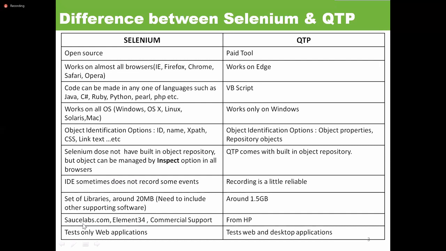But in the case of QTP, it supports web-based applications and Windows-based applications. So Selenium is used to automate only web-based applications. We cannot automate anything related to Windows here.